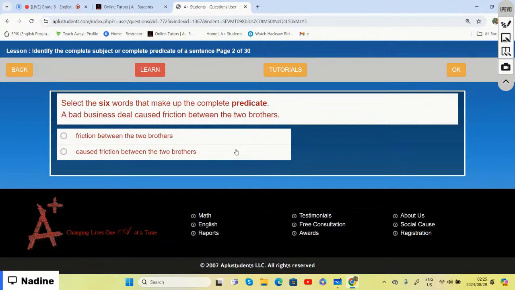We now need to select six words that make up the complete predicate that tells us what the subject is doing. Is it friction between the two brothers, or is it cause friction between the two brothers? Within the sentence, a bad business deal caused friction between the two brothers.